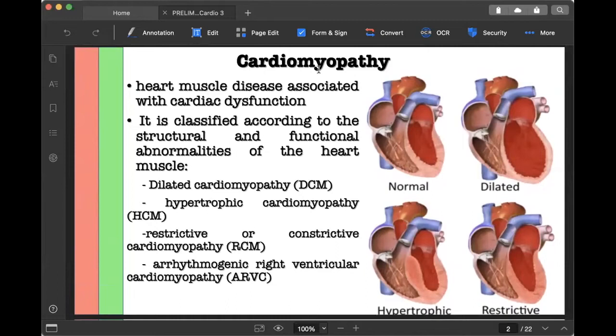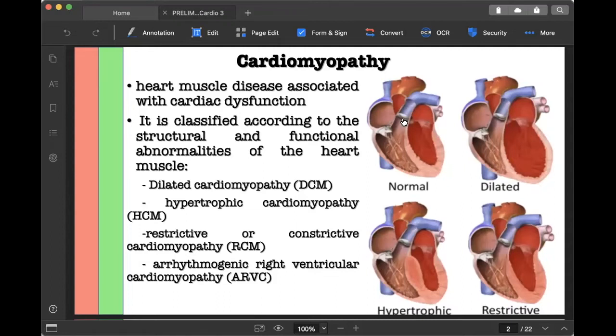muscle. As you can see on this illustration, there are three types of cardiomyopathy, and by name alone you already have an idea of what kind of myopathy it is. It is classified according to the structural and functional abnormalities of the heart.